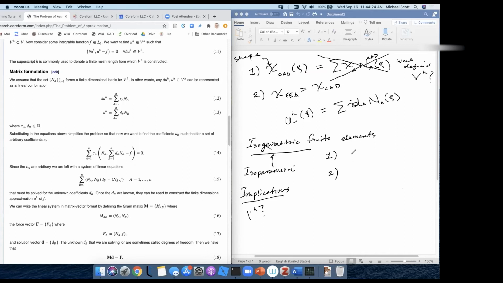So, Mike, is the first one just basically NURBS-based IGA and then another spline type IGA?